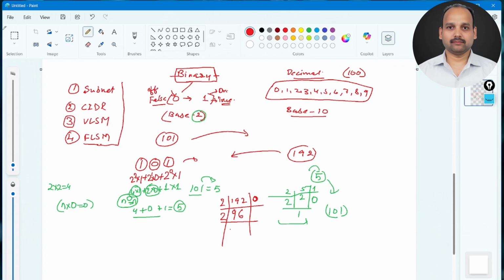And 2 twos are 4, 2 fours are 8, 2 eights are 16, that will be 0. Again 2 twos are 4, 2 fours are 8, 0. 2 ones are 2, 2 twos are 4, 0.